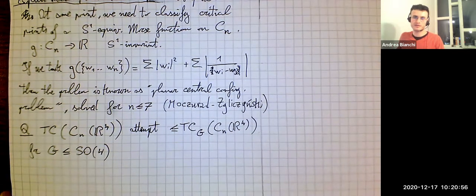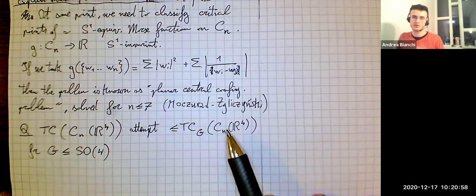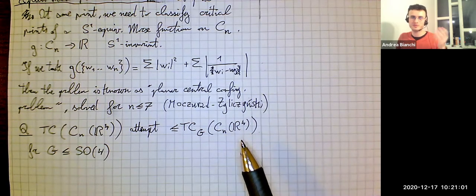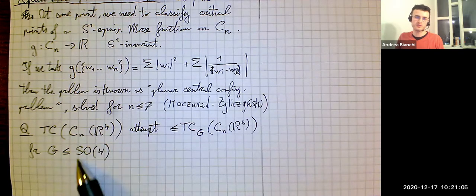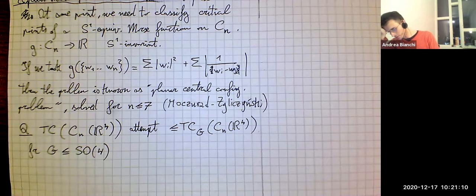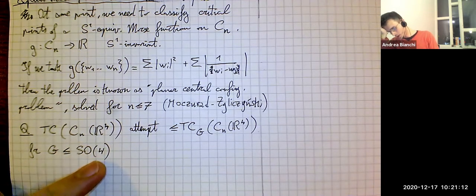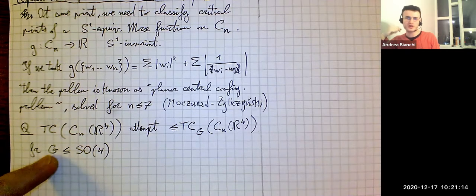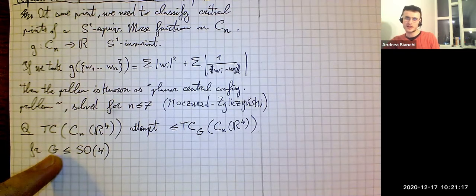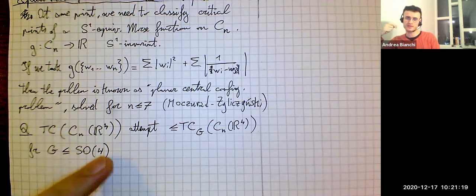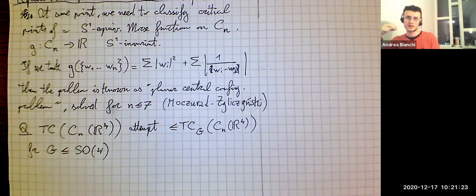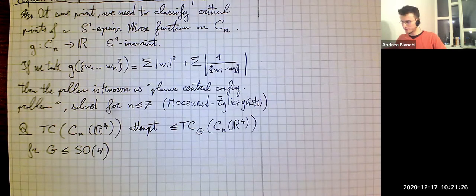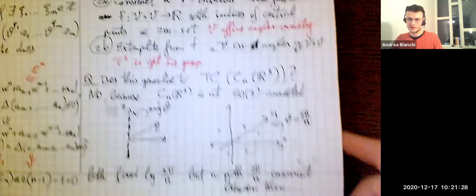At least this is what I think the natural generalization of the attempt to higher dimension could be. Maybe you want to consider the entire SO4, maybe just some subgroup. Now, if you consider the entire SO4, and I guess any G that contains an S1 inside SO4, so not even a maximal torus, just a torus, then you run exactly into the same problem that we have here.